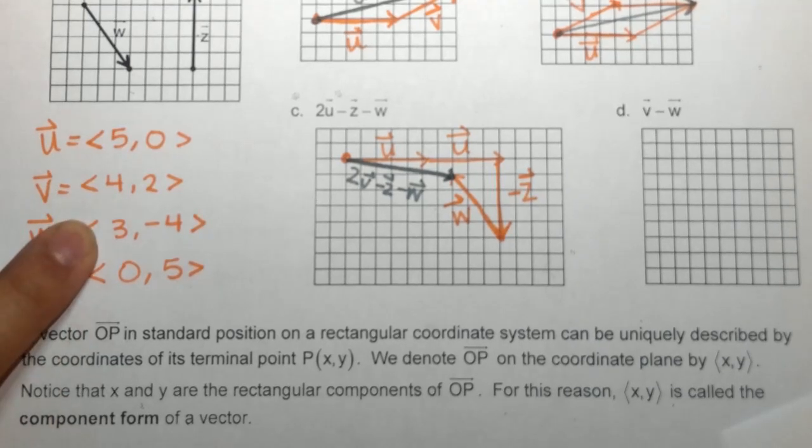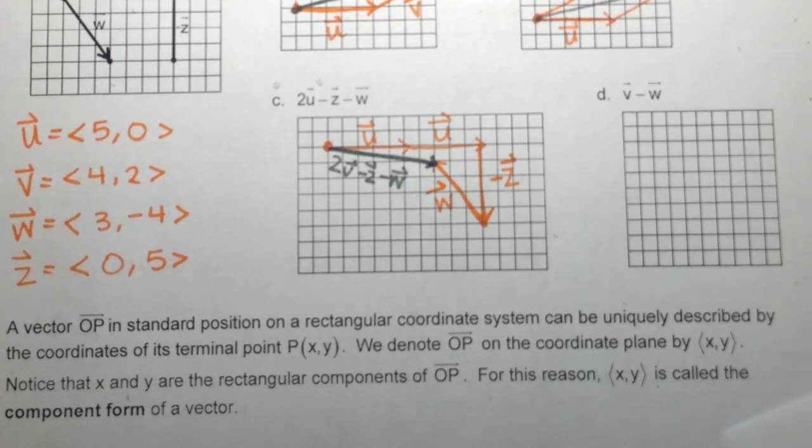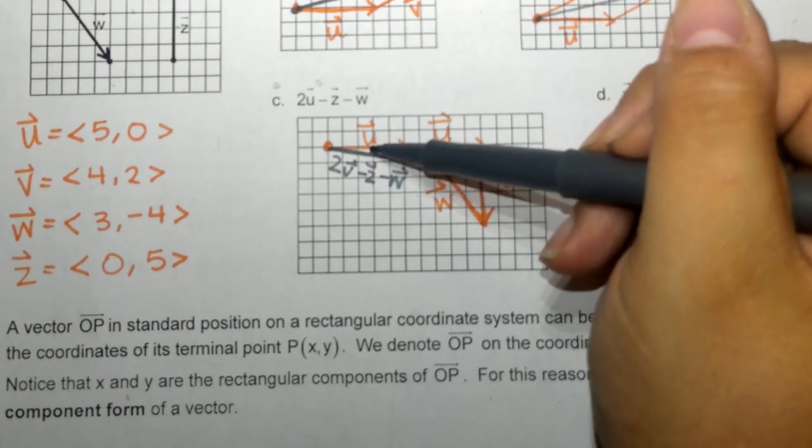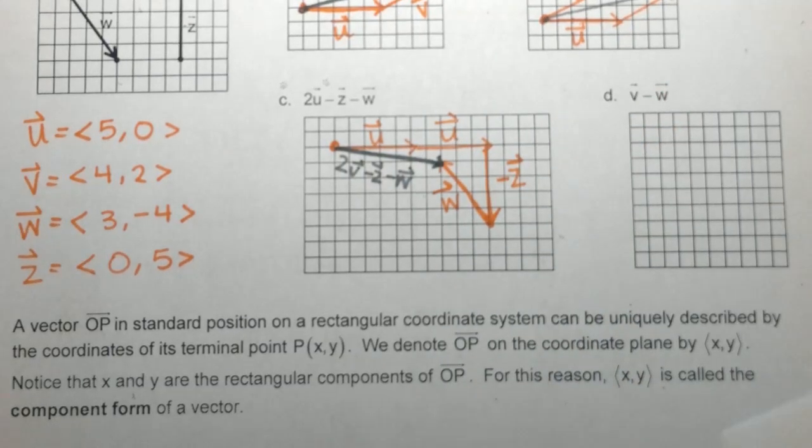Minus this? 7. Minus negative 4 is a 1. And so then check. 1, 2, 3, 4, 5, 6, 7. Negative 1. It works.